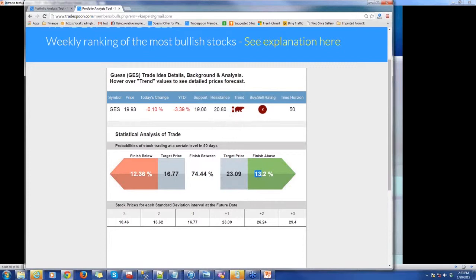If you are going long on gas, especially if you buy the 23 or 22 call, or even if you're buying stock, you are basically trading against the trend. And you probably don't want to do that because your odds are against you. It doesn't matter what technical system you're using.